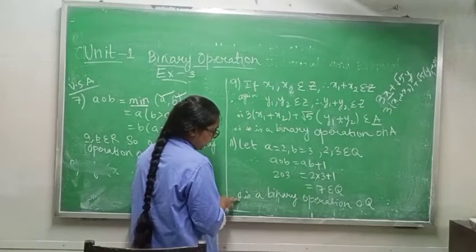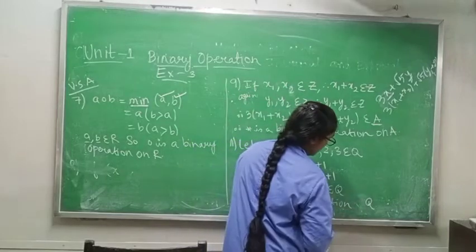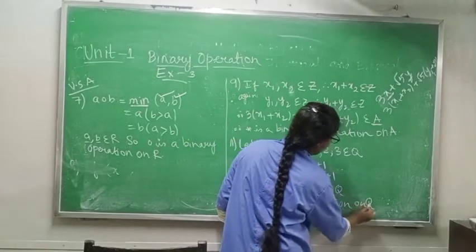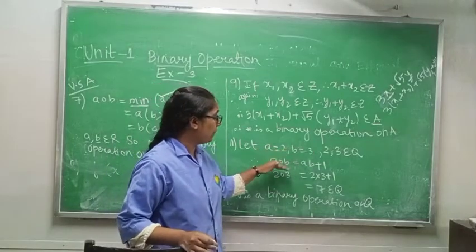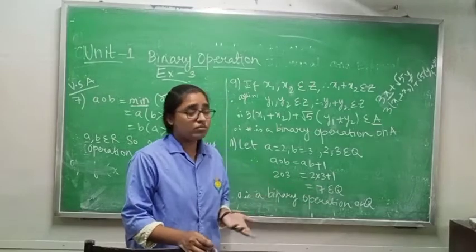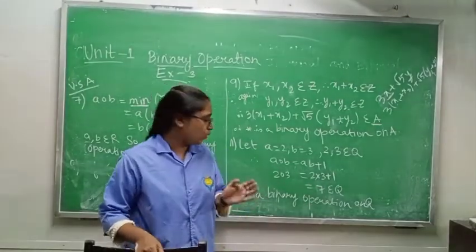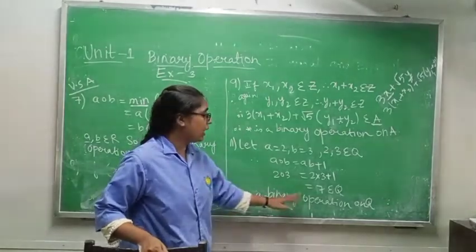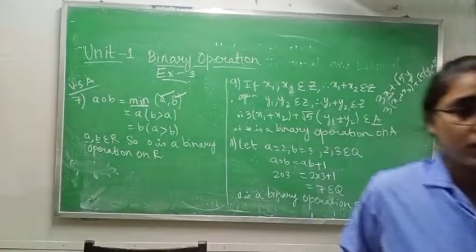Therefore, circle is a binary operation on Q. You have to do nothing else. You put only one number here, and if you get the same kind of number, rational, integer or natural, then you write that circle is a binary operation. Okay, completed.